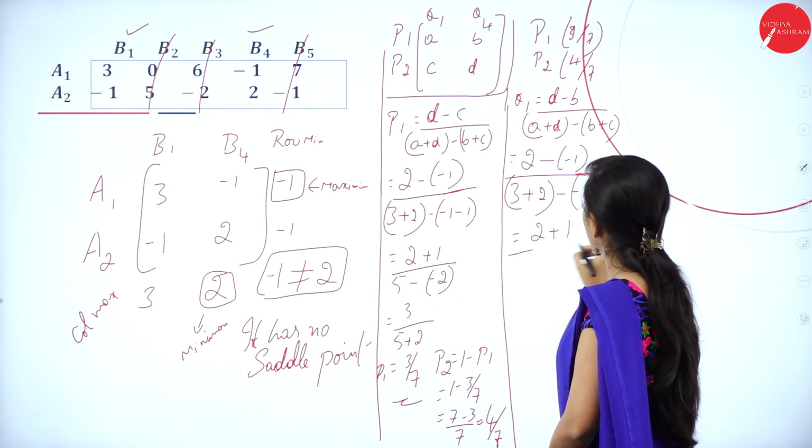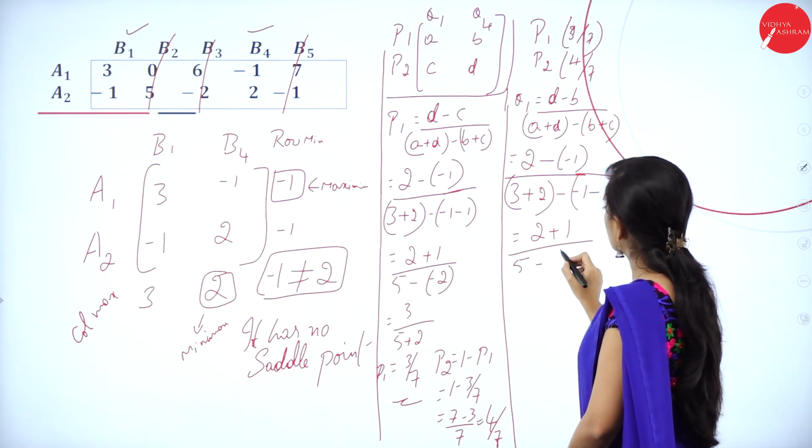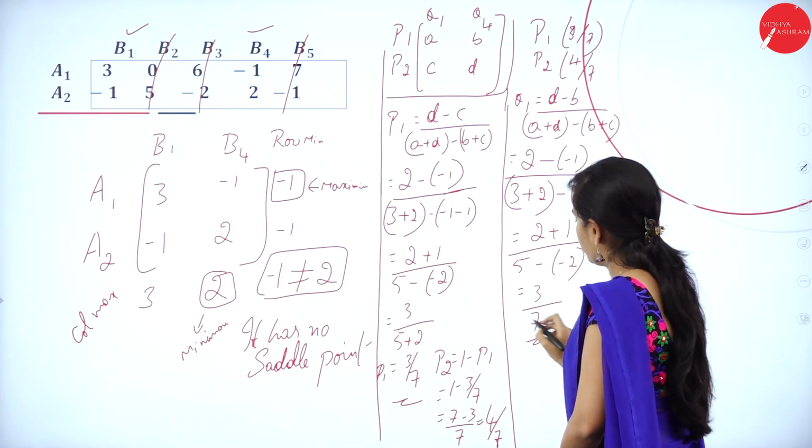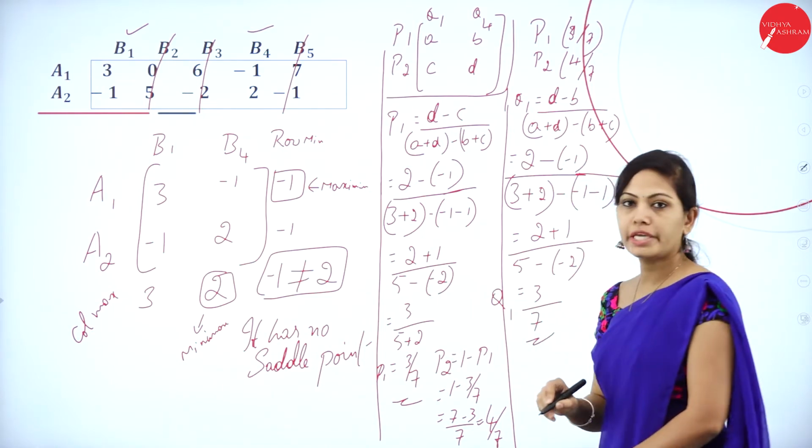So 2 plus 1 by 5 minus of -2, it is 3 by 7. So Q1 is equal to 3 by 7.